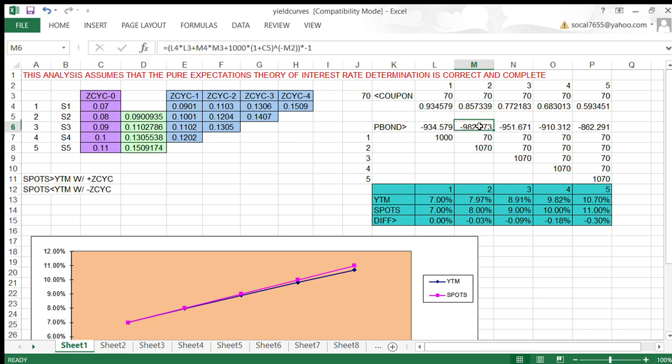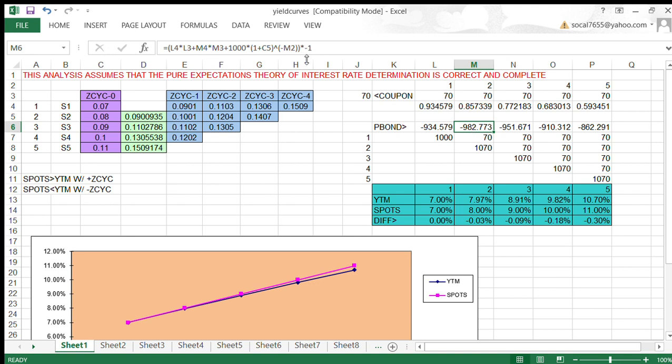So if you look at this formula here, it's going to be L4 times L3 plus M4 times M3. Then I choose to account separately for the maturity value, 1,000 times 1 plus C5. Remember, C5 is the 8% to the minus M2, which is to the -2 power. So it's just 1 over 1.08 squared again. And that's the calculation for the bond.